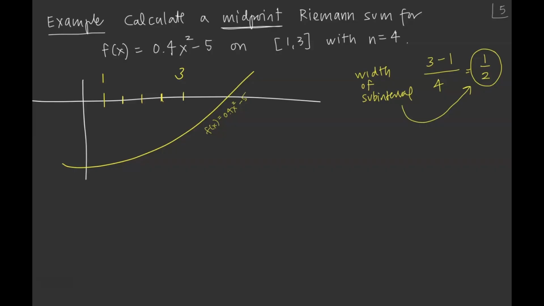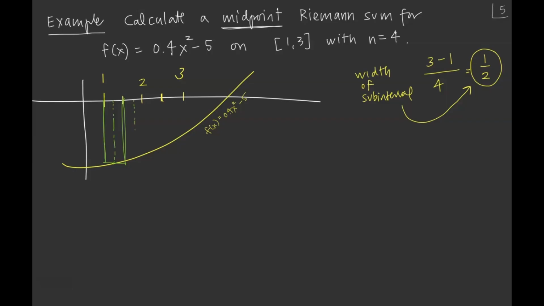And then for the height, we're going to go right at the midpoint of this first interval between 1 and 1.5, because this right here is 2. So between 1 and 1.5, we're going to evaluate the function. And this will be the rectangle that we want to find the area of.